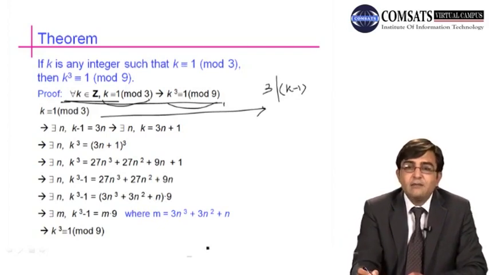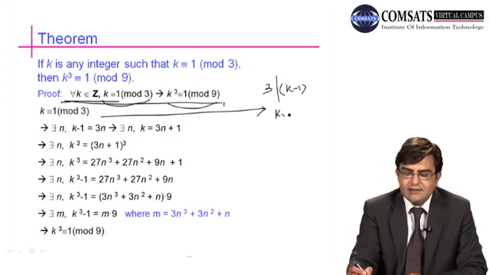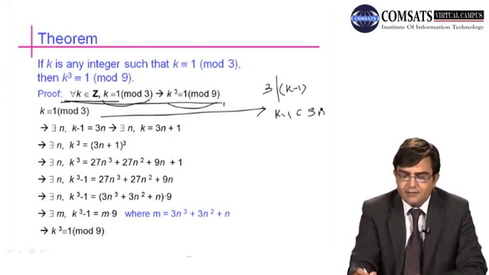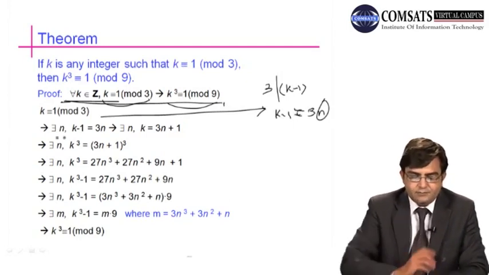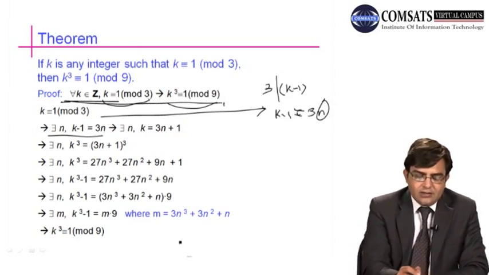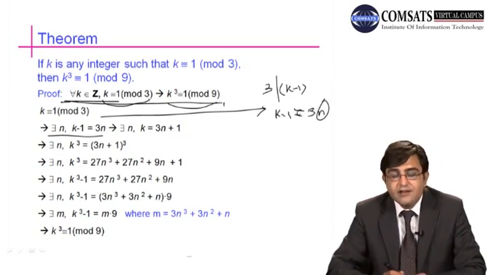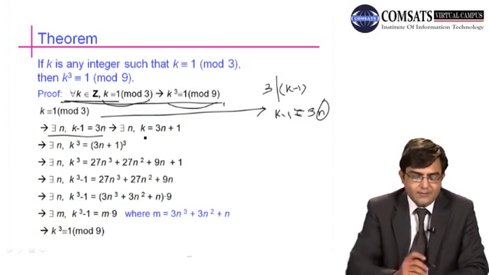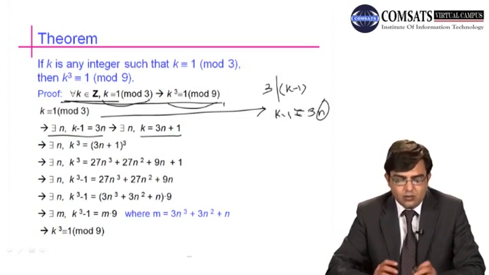If 3 divides k minus 1, then k minus 1 can be written as 3 times n. We take the 1 to the other side, which implies k is equal to 3n plus 1. We take the cube on both sides: k cubed is equal to (3n plus 1) whole cubed.